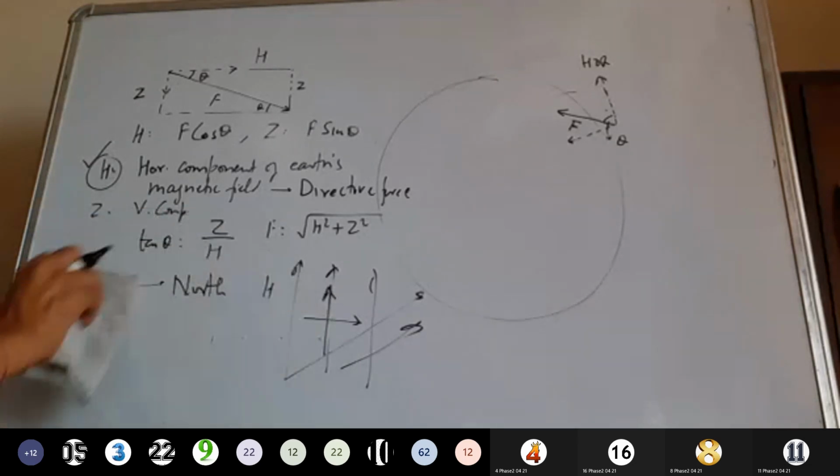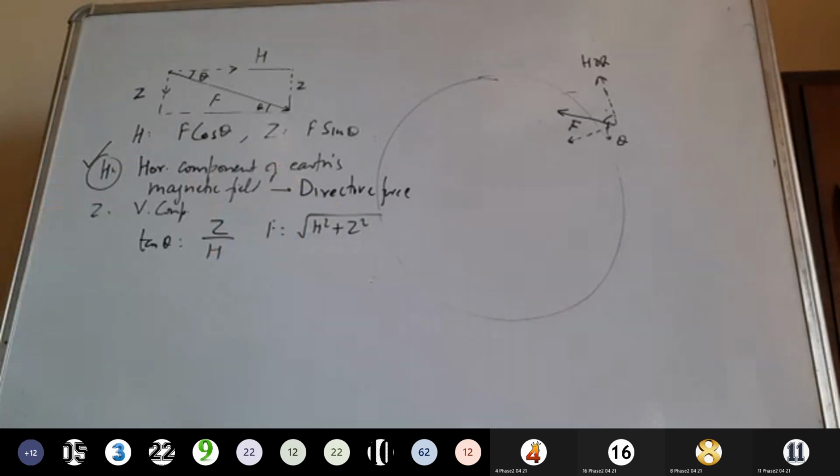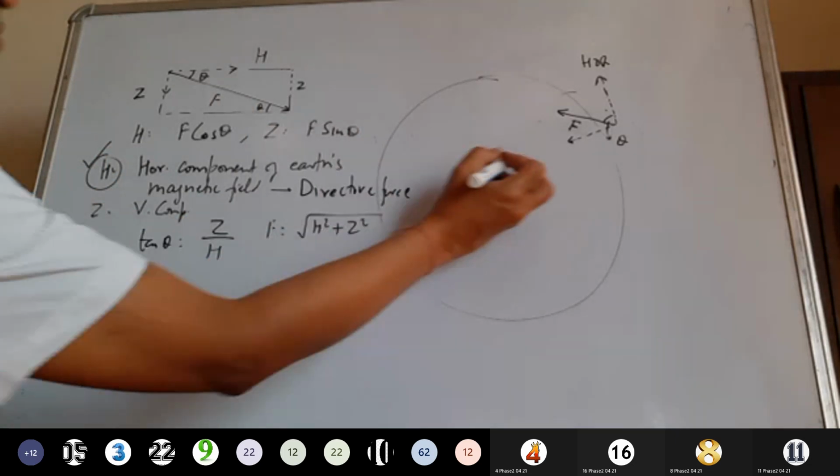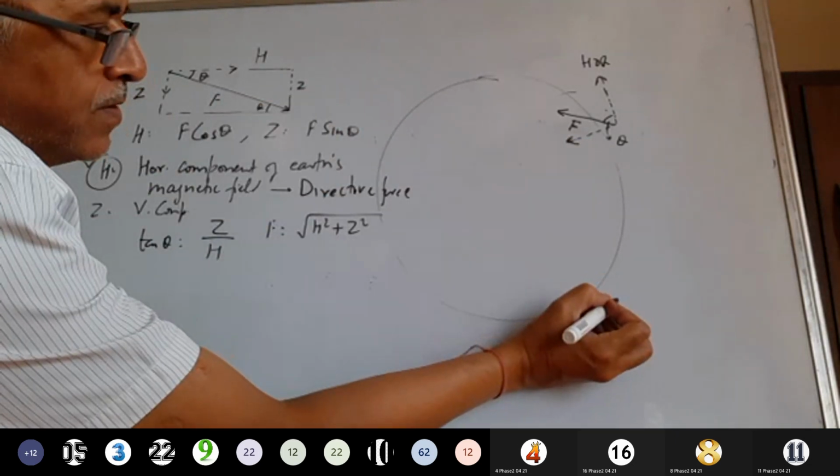Now, you can see Z. The Z is acting vertically downward in the northern hemisphere.